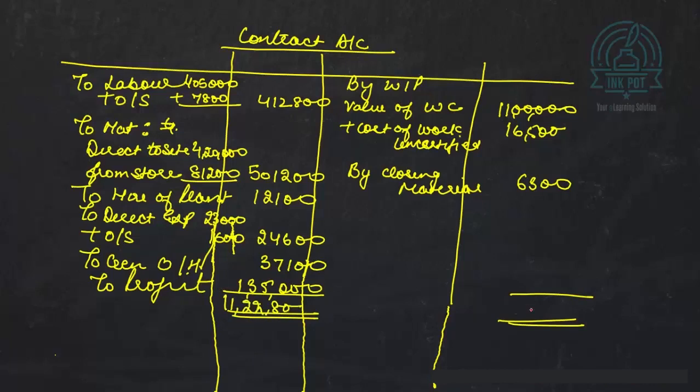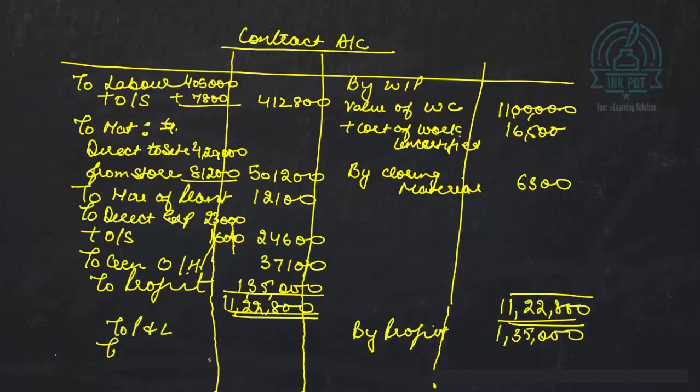Now by profit brought down, it is 1,35,000. Now we have to transfer the profits to P&L and some to reserve. That depends upon the conditions of profit.